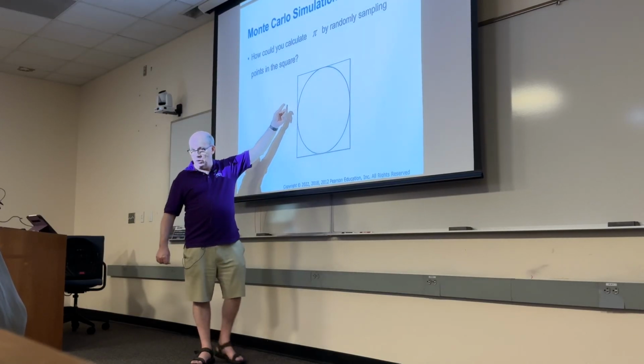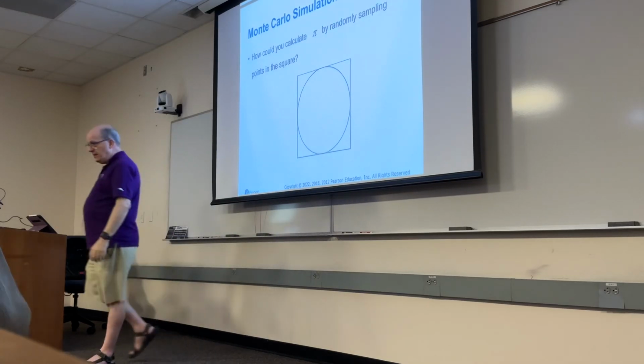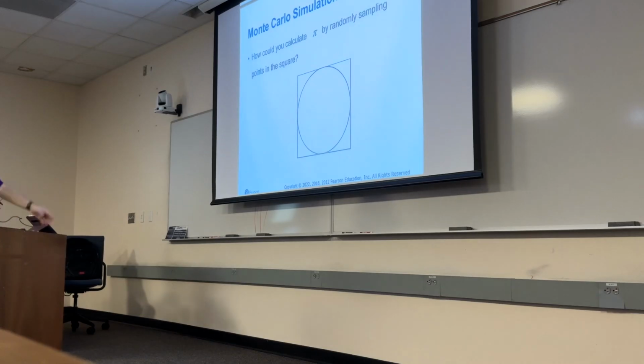And you'd want to do this uniformly. So every number between 0 and 1 is equally likely to be selected for the x's. Every number equally likely to be selected for the y's. And in this case, we'd assume that the x's and y's are independent of each other.